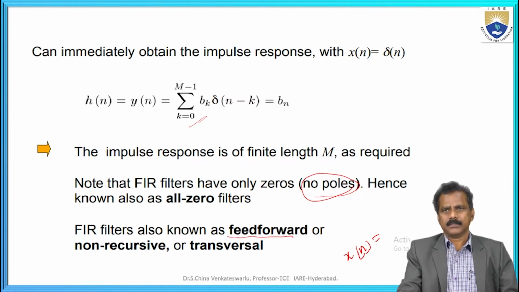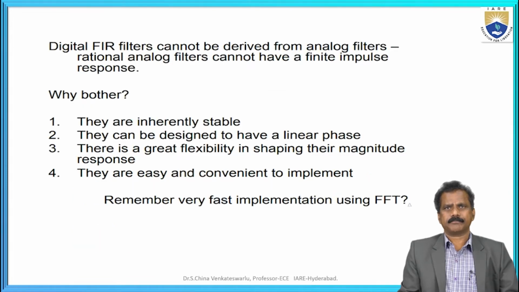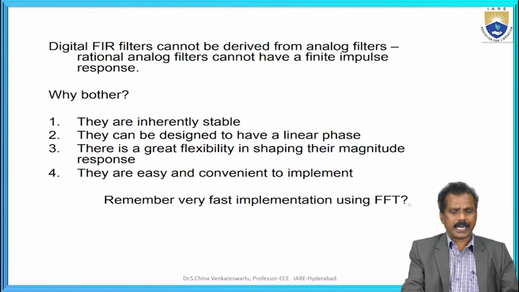Within this, digital FIR filters cannot be derived from analog filters. In digital filters we have already derived something using IIR filters, but in this case, digital finite impulse response filters cannot be derived from analog filters.